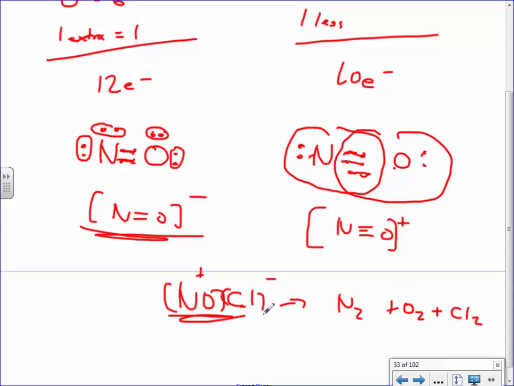So even though I can build this on paper, it might not actually be stable, and this might occur instead. But maybe it's only stable for like a millisecond. You know what I mean? In the same way that you guys know about half-life for some things, where it's stable for like 0.7 seconds and it decays. So just because you can make it doesn't mean it's actually going to stay that way.